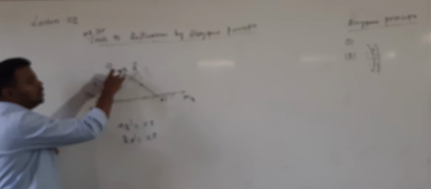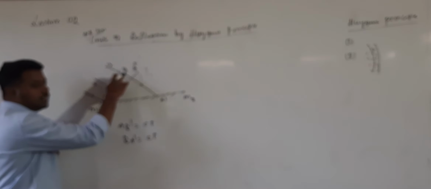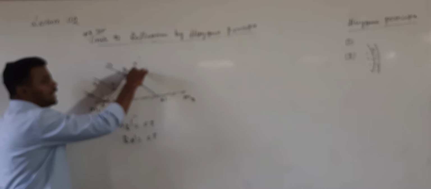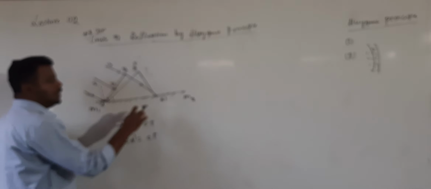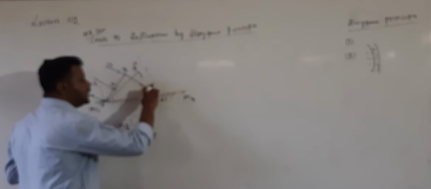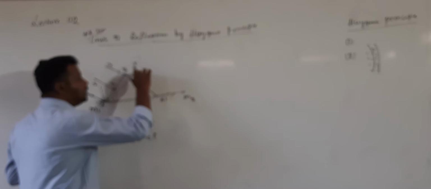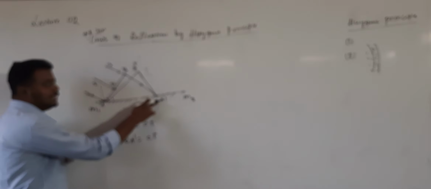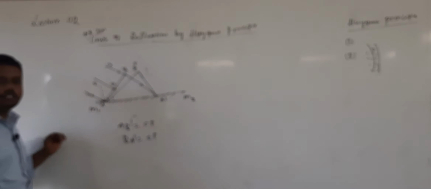Similarly, I can also draw a sphere from B, so I will get one more sphere. Now instead of drawing one more arc, directly I am drawing a tangent from A. This is the tangent drawn from A to this arc, so that tangent is A B dash.